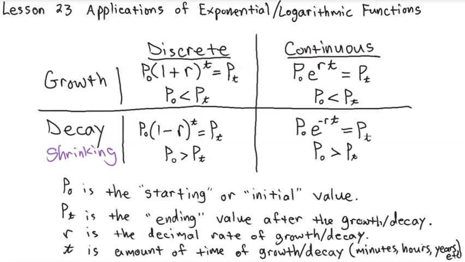Here with the continuous, the r is positive, but in the decay, the r is negative. Do you see that negative in front of the r? So it's a negative growth rate or a decay rate. So a decay rate always has a negative r, okay? So that's our introduction to exponential relationships, exponential functions. And now we're going to look at a few examples of population growth and maybe some decay.